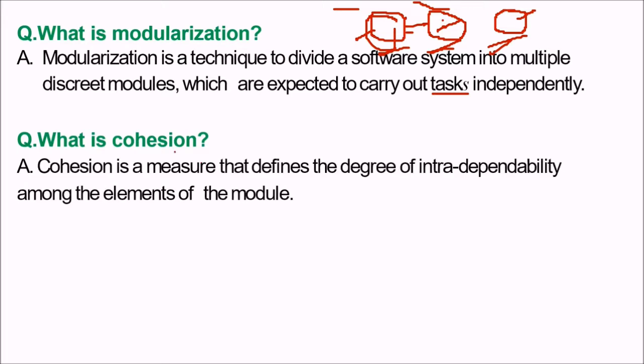What is cohesion then? Cohesion is a measure that defines the degree of intra-dependability among the elements of a module. So if this is a module and you have various elements here, what is the functional strength between these elements, or what is the functional strength of this module? That means the work which is assigned to this module, say this work is assigned as security.